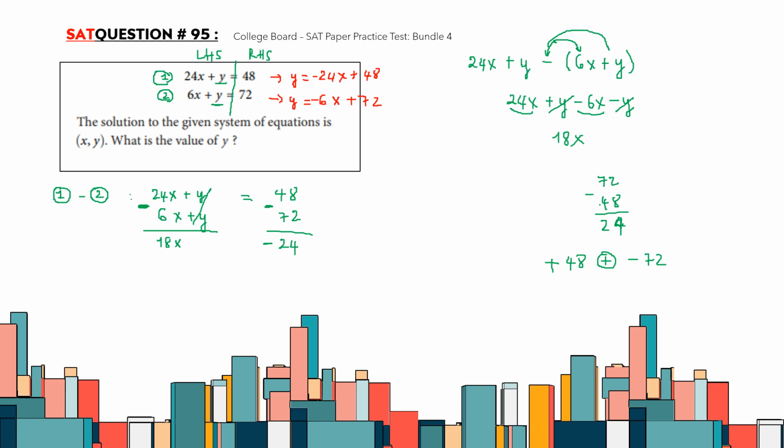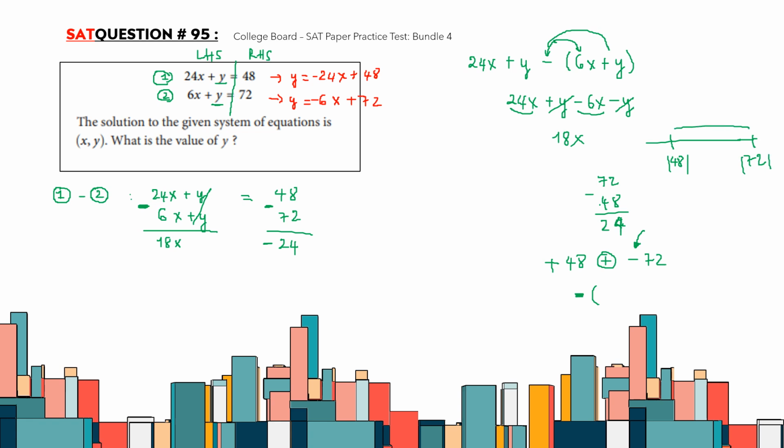It's the same thing as taking 48 subtract 72. In this concept, 72 is bigger than 48, so the answer will follow the side of the bigger number. The bigger number is 72, so the answer has to be negative. Negative of what? The difference between 72 and 48, just by the absolute value.